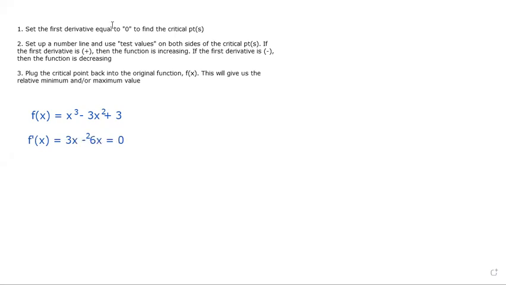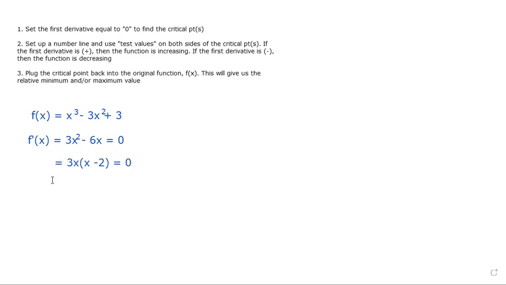So now we have 3x squared minus 6x is equal to 0. Now we want to factor out the greatest common factor, which is going to be 3x. So that's going to be 3x times (x minus 2) is equal to 0.